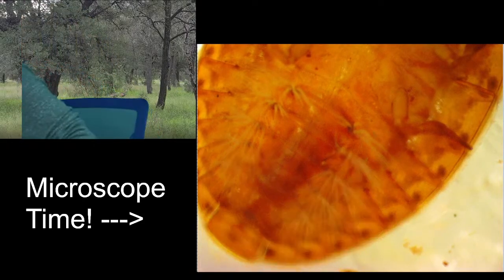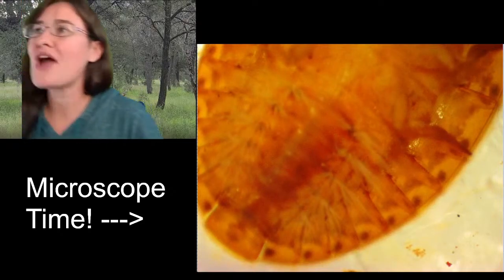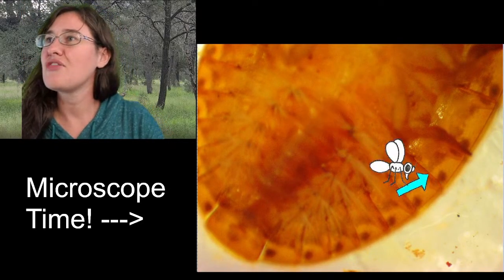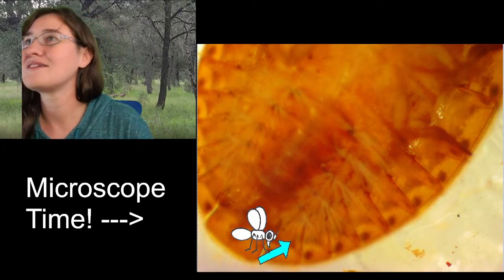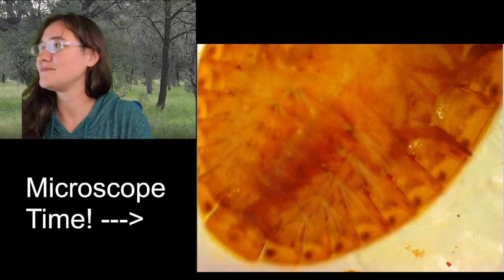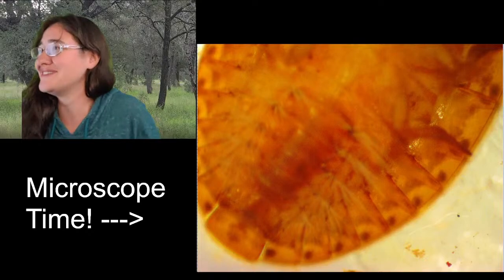It looks like he's covered in fuzz down here, but those are actually gills. So all of those little hairs here, that's actually how my water penny breathes. It looks so distressed, I know.